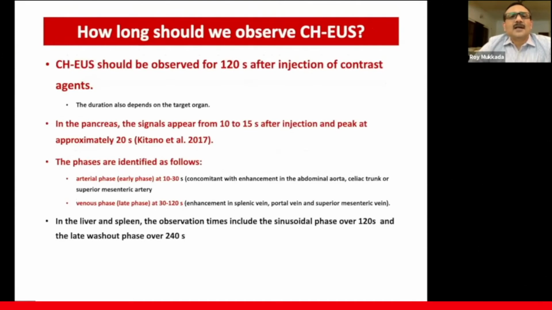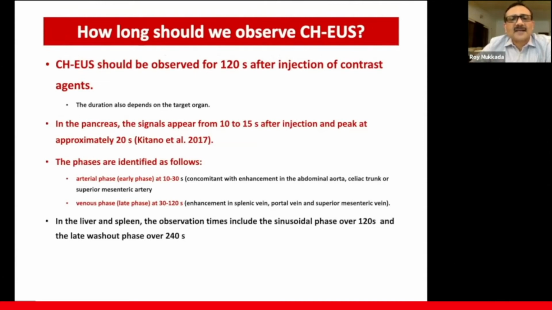So the contrast harmonic EUS should be observed for 120 seconds after injection of the contrast agent. The duration also depends on the target organ. In the pancreas, the signals appear from 10 to 15 seconds after injection and peak at approximately 20 seconds.